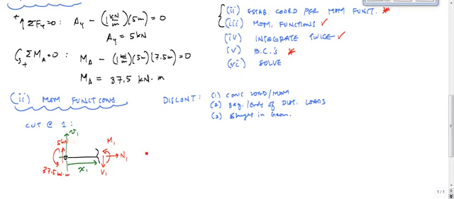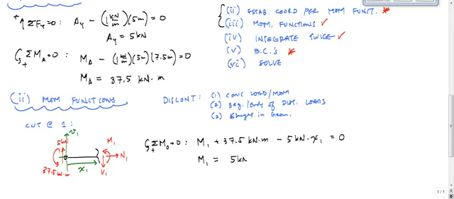When I solve this to get the moment function, I take moments about the cut equal to 0. Here I'll say M1 plus 37.5 kilonewton meters minus 5 kilonewtons times x1 equals 0. And this M1 as a function of x is 5 kilonewtons times x1 minus 37.5 kilonewton meters.